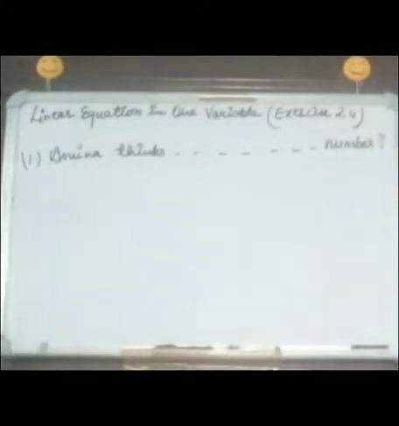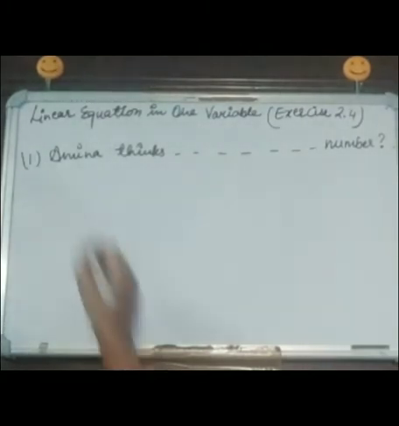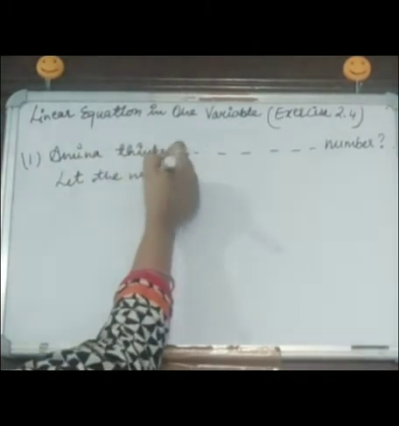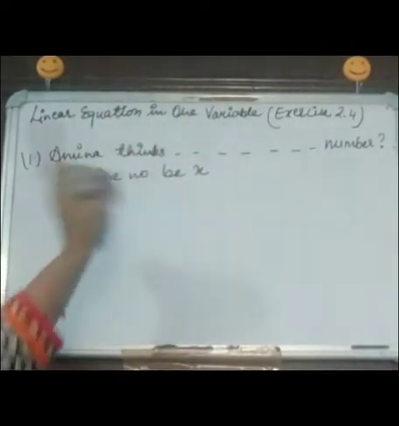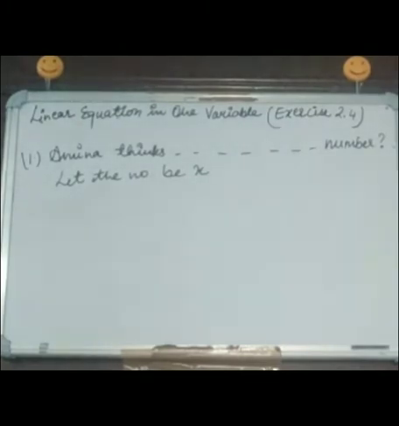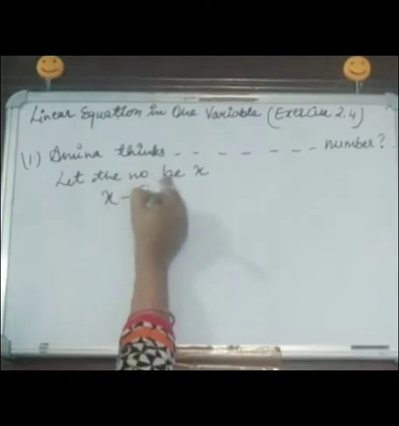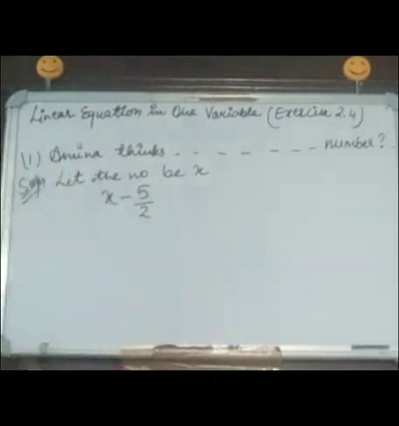Okay. So the question is: Amina thinks of a number and subtracts 5 by 2 from it. She thinks of a number, so let the number be x. She subtracted 5 by 2 from this number.